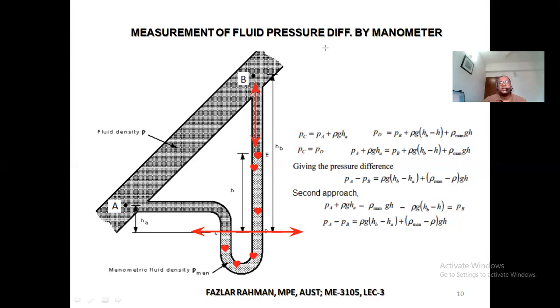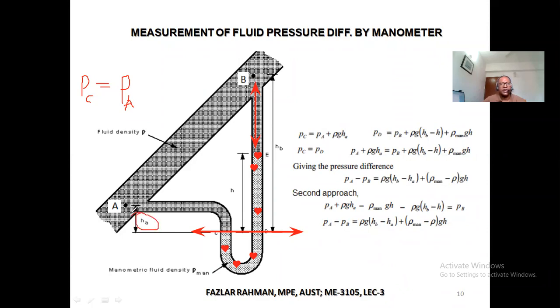So let's start with PC, how we can figure out the pressure PC. Okay, so PC equals, I start from point A. How much is the pressure at point A? PA. Then from point A, you need to walk down to point C. That means you are coming down.